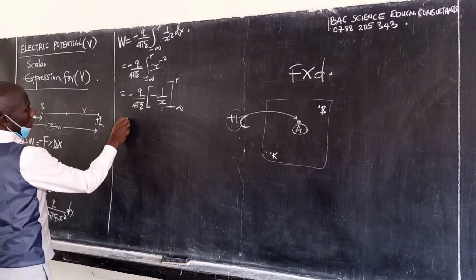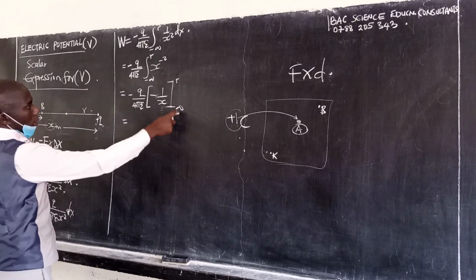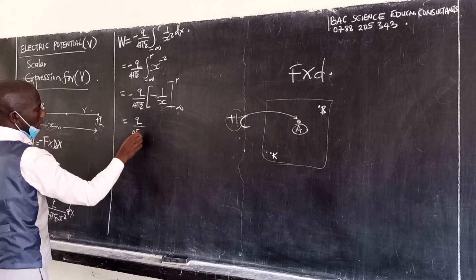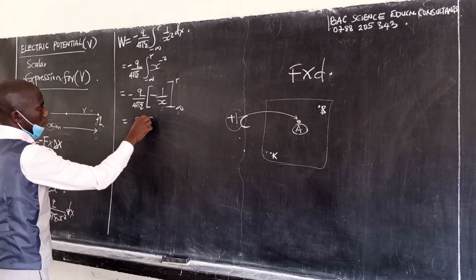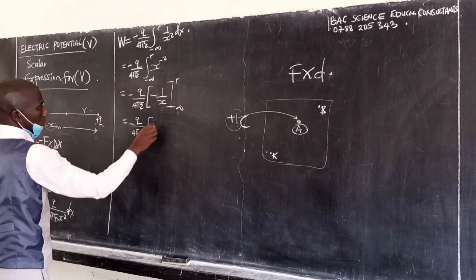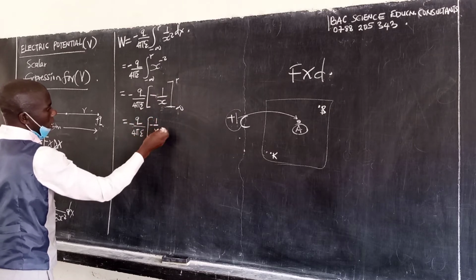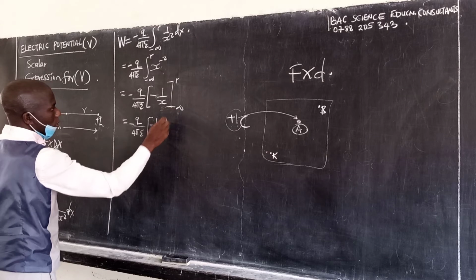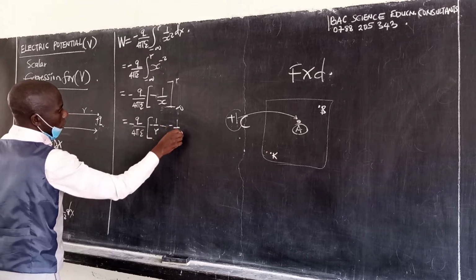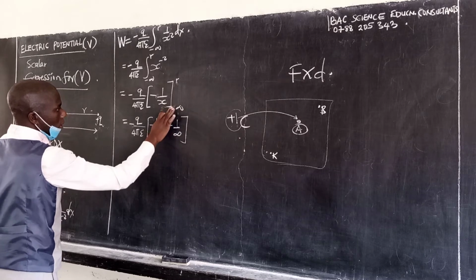So when we continue, substituting, we shall have q out of 4 pi epsilon. Substitute this one here, it comes 1 over r, then minus, substitute this one, negative 1 out of infinity.